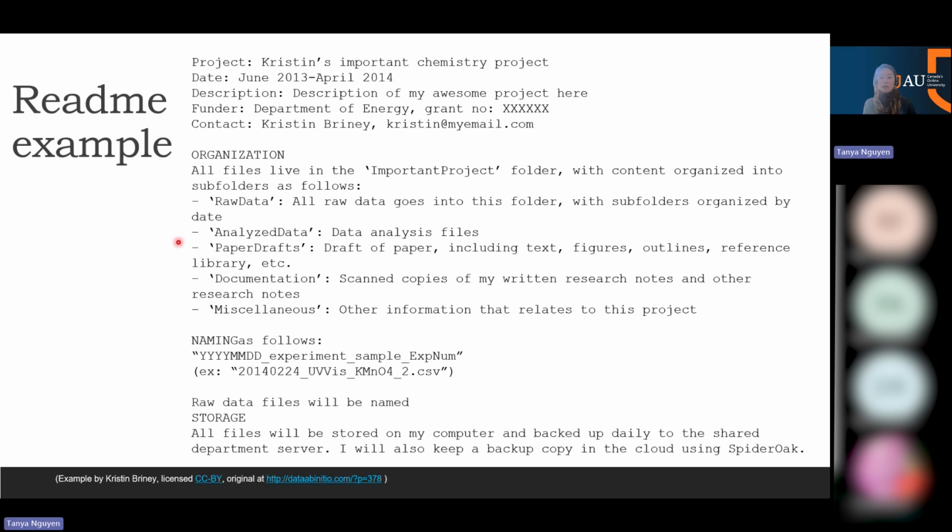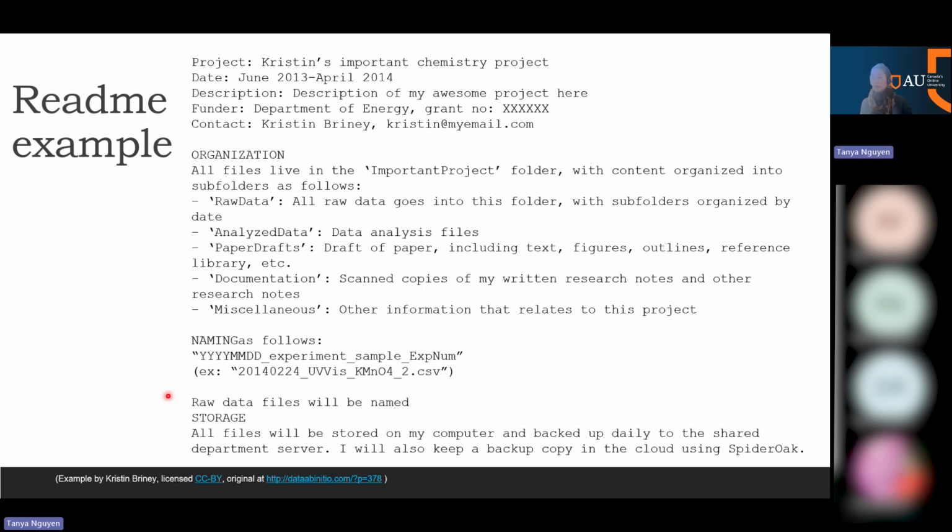And then inside each of the top level folders, she includes the raw data, analyzed data, paper drafts, and documentation. So she's following a particular file naming standard and noting where these files are stored. So this is a very high level example. Some of these can get much longer.